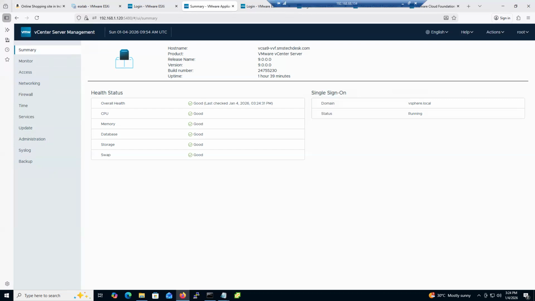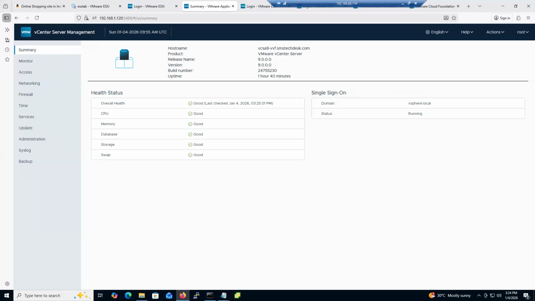But in real scenarios, in real-time production support, you will see other states also, not only good.